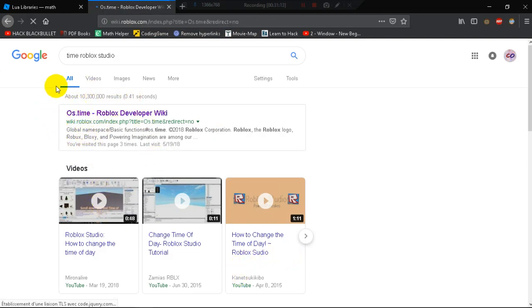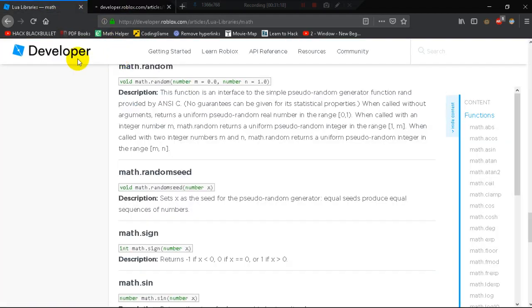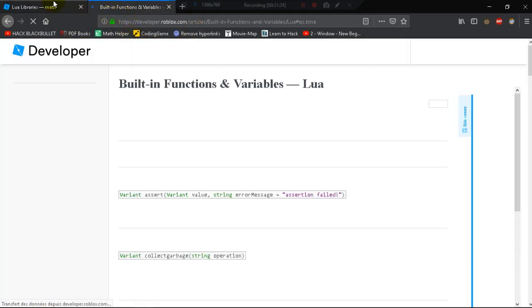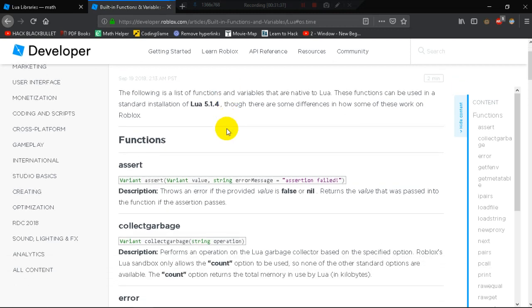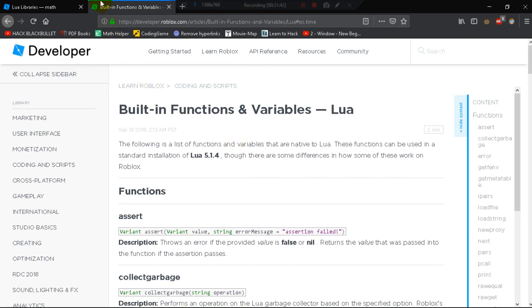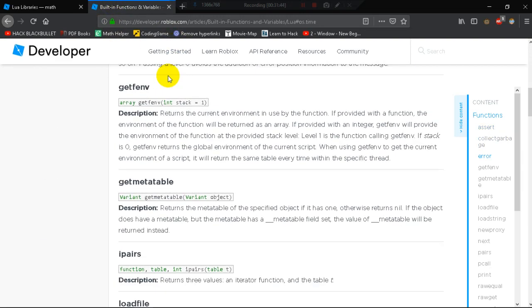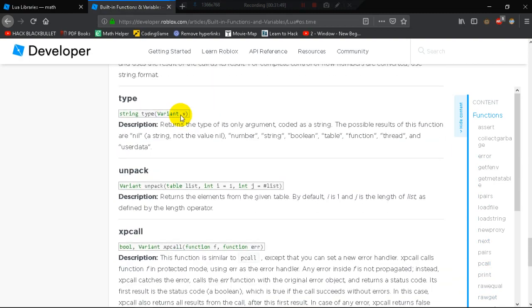By the way, this OS library is actually in Lua, but here in Roblox some libraries are limited, like they edited them. They added some stuff, or maybe they removed some stuff, depending on the actual thing. So for example, if we get the OS, well, where is the OS? os.time.